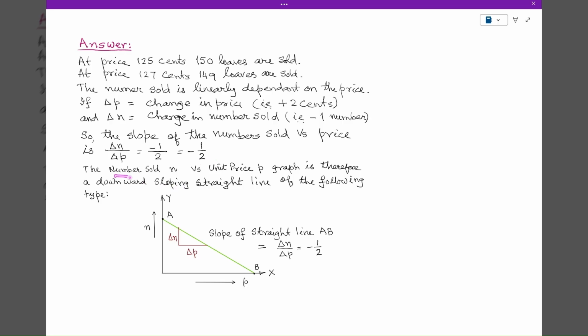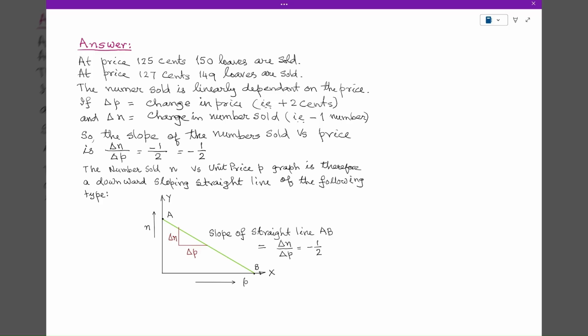The graph of number sold n versus unit price p is therefore a downward sloping straight line of the following type. The y-axis is the number sold, and the x-axis is p, the price per loaf.